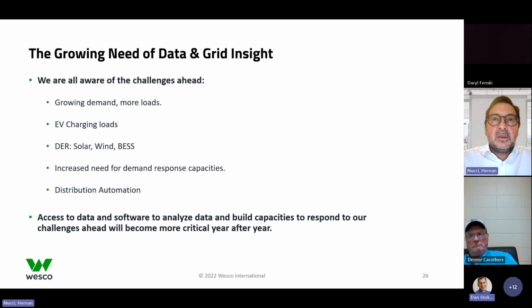Yesterday, I was in a conference and I saw data from California, and there are moments in the day when the solar generates more than needed, and some plants need to go idling just because it's impossible to keep them running. So that's something that we're going to see everywhere. Those are the reasons why we need more grid insight and more data.